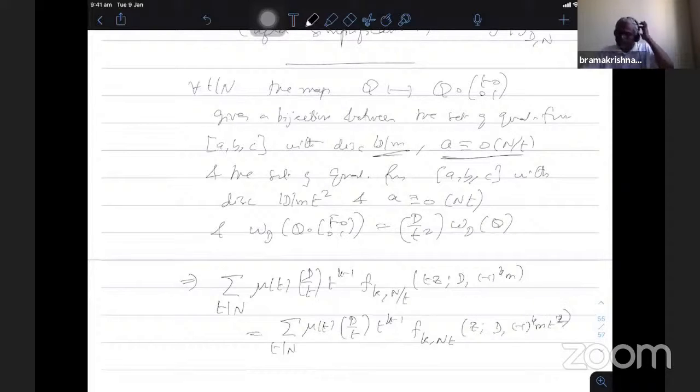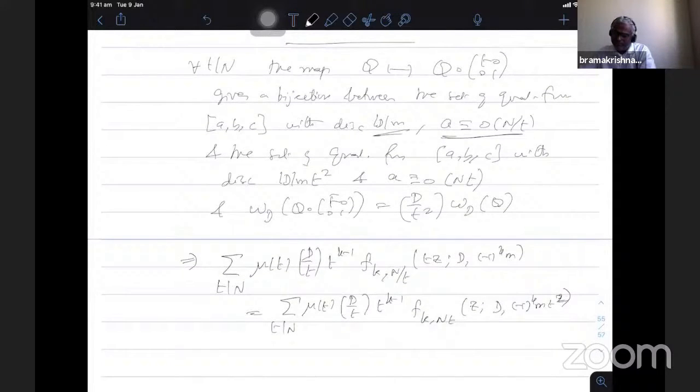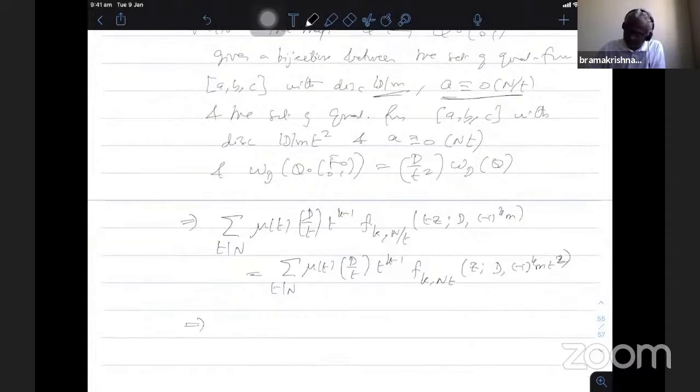Okay, so that's what this one says. Because of the bijection, I consider a divisible by n by t, and then the discriminant mod dm is transformed to divisibility by nt, and the discriminant is dm t square. Therefore, this equality is true because of the correspondence. Okay, therefore I can just change this particular sum into this sum and then take the inner product now. So that's what we do in the definition of omega. This implies the integral of f comma omega_{k,n}.